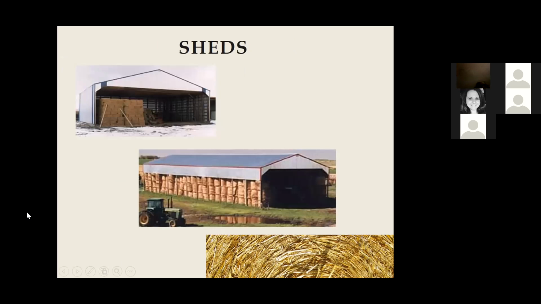Next, we have sheds, which may also be called pole barns. You can store round rolls in them. You can store square bales in them, small squares, large squares. These have also been built in the counties, and they serve the same purpose, just keeping that hay under shelter.